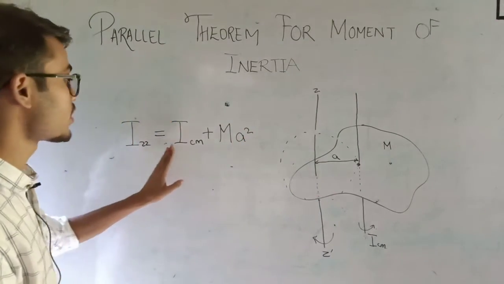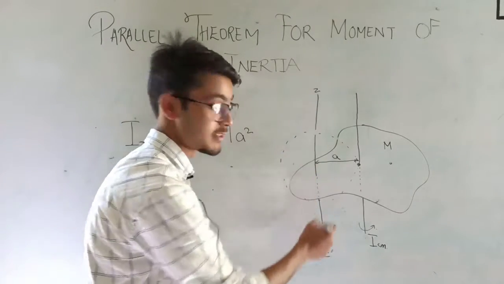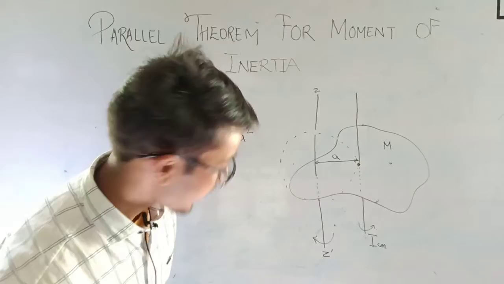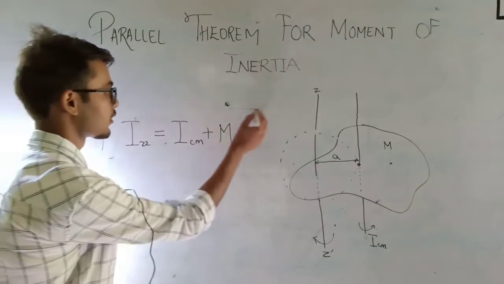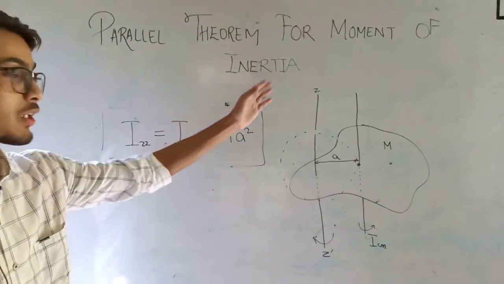So this is the moment of inertia about the ZZ axis, and this is the parallel theorem for moment of inertia.